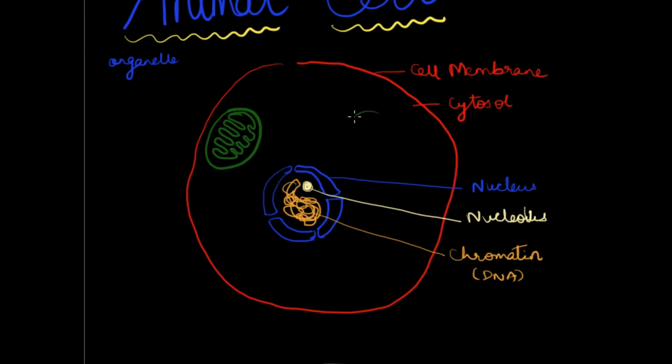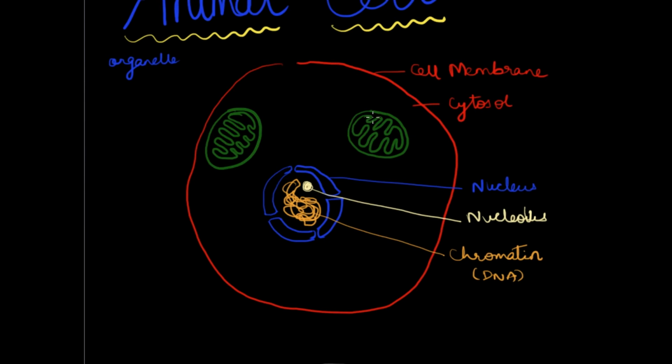Let's draw it again, an oval shape first, and now, when you're drawing, the mitochondria is also a double membrane structure. So the outer membrane is an oval shape while the inner membrane is a cylindrical sort of shape.